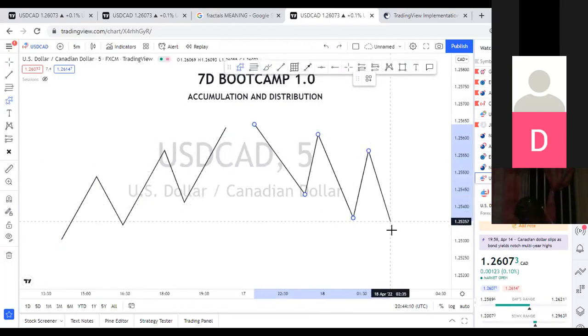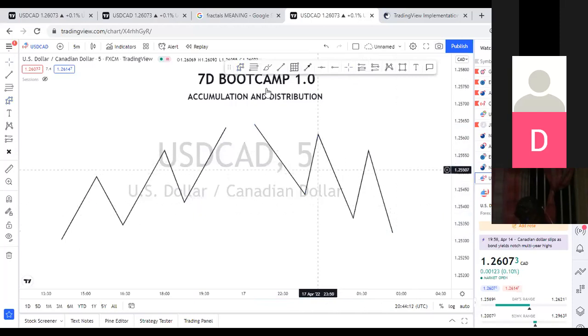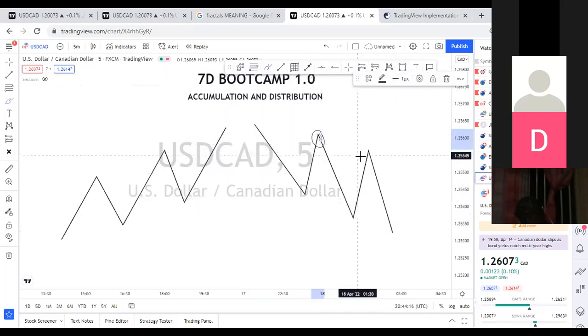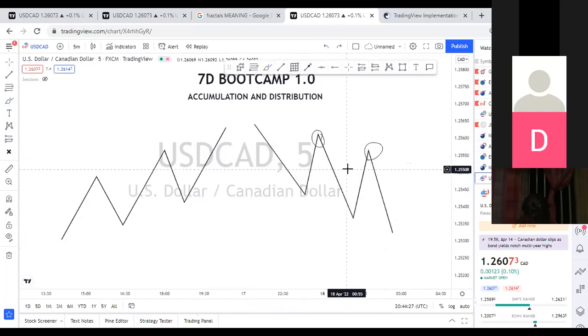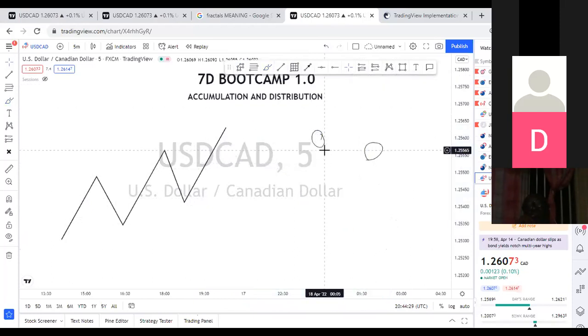Lower highs and lower lows. Please, guys, do not forget this, because we are really going to need all these things. Lower high, lower low. All right, beautiful, perfect. Let's move.